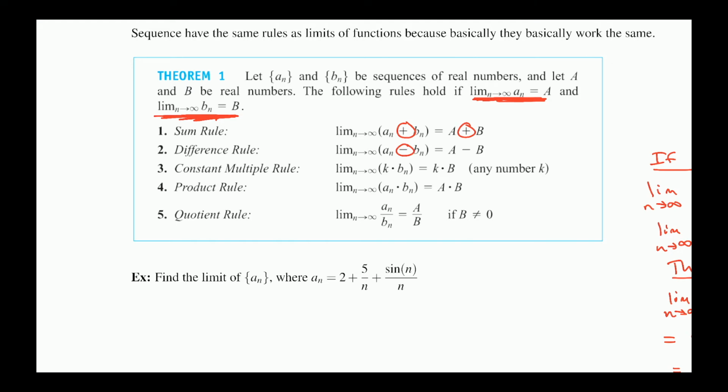If you subtract them, then you subtract the limits. If you multiply one of them by a constant, then you multiply the limit by a constant. If you multiply the two functions, then you multiply the two limits. So it's just showing you that you can do those basic operations even involving limits.